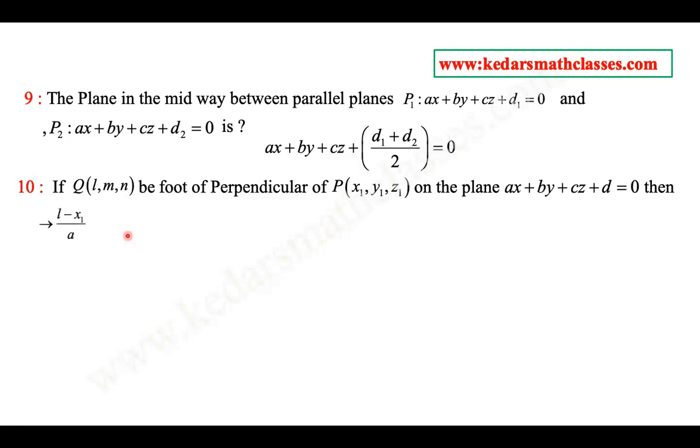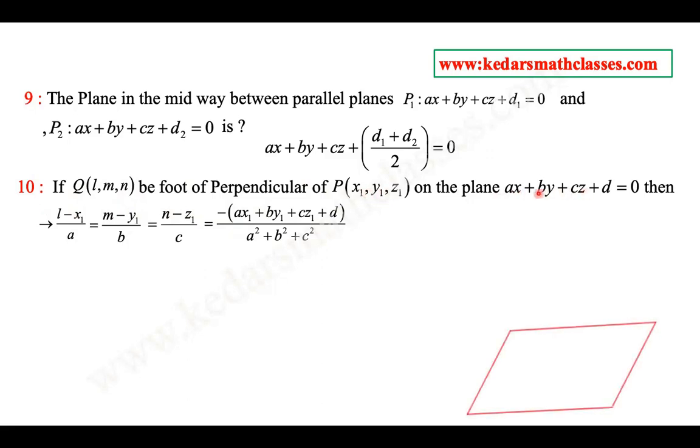The same formula extends here: (l minus x1) by a is equal to (m minus y1) by b is equal to (n minus z1) by c is equal to minus (ax1 plus by1 plus cz1 plus d) by (a square plus b square plus c square). If you solve for l, m and n from this equation, that exactly becomes the foot of the perpendicular of this point P(x1, y1, z1) on this plane.